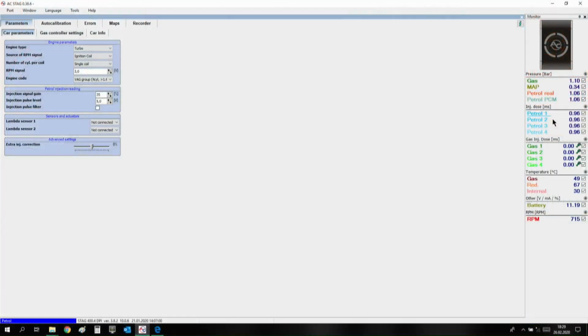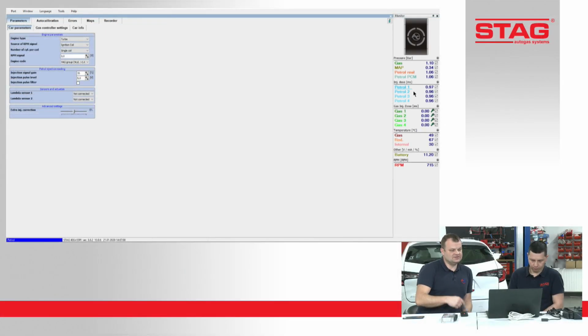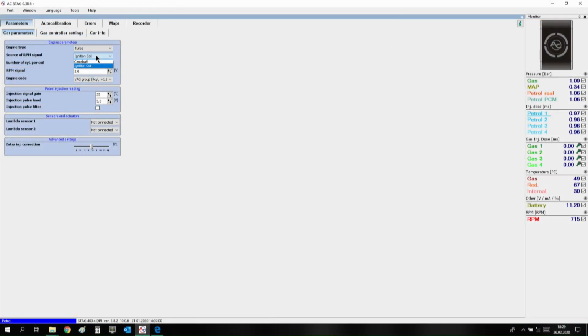Briefly, the main information is that step by step, the rules of the configuration of the system are very similar to the QBox system or the QMax system. You choose the engine type, and you choose the source of the RPM. The source of the RPM is chosen automatically in some engine codes, related to the engine code.